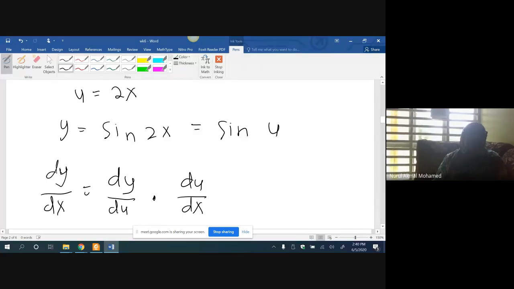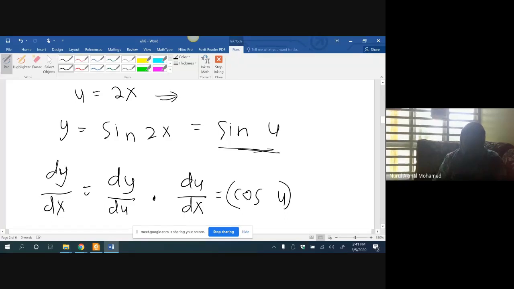So what is dy/du? You differentiate y with respect to u. This is the expression that you have to look at. You neglect the sine 2x. If you differentiate y with respect to u, you will get cos u. And du/dx is from here. You differentiate u with respect to variable x, so you will get 2.